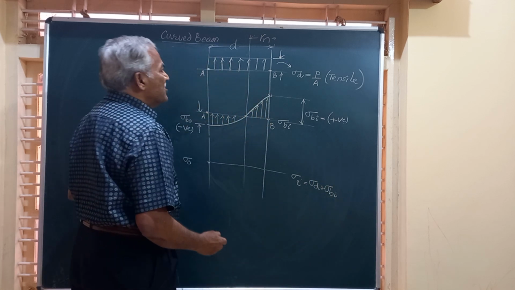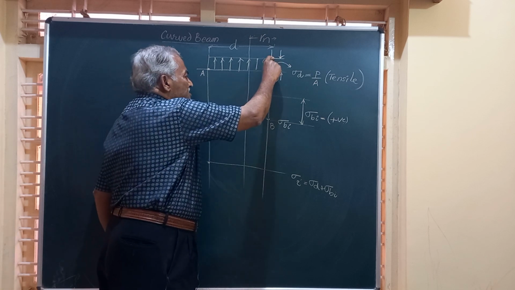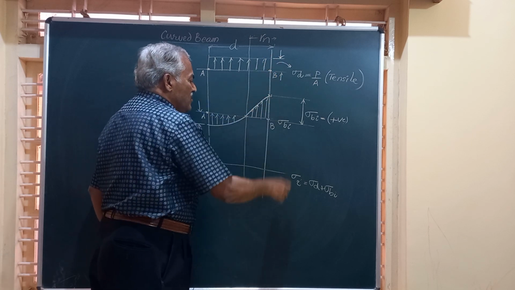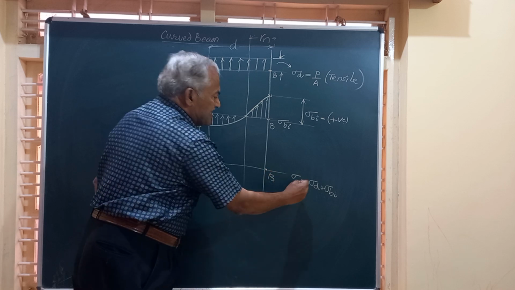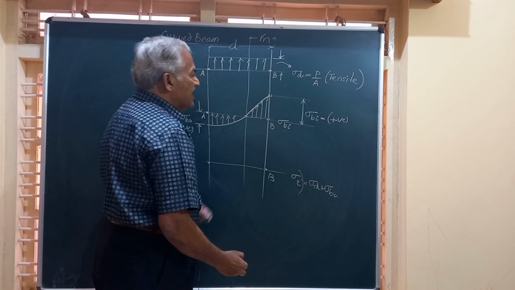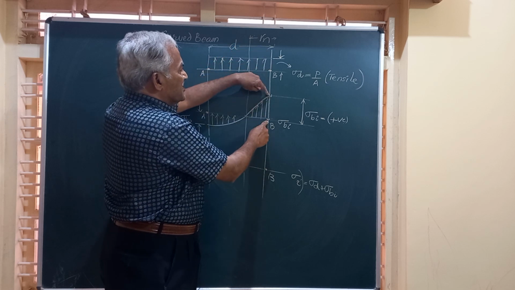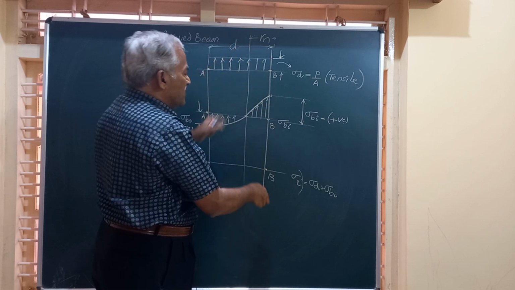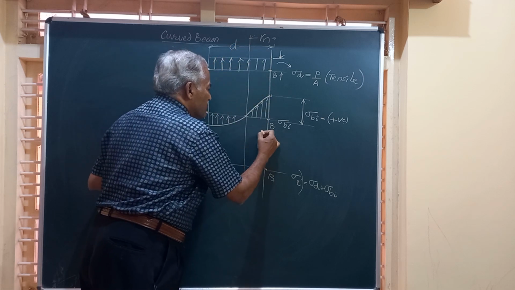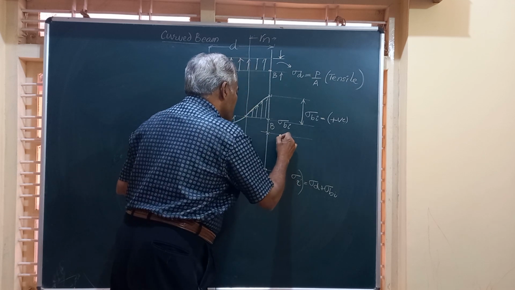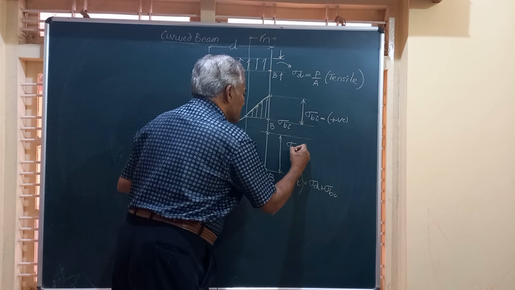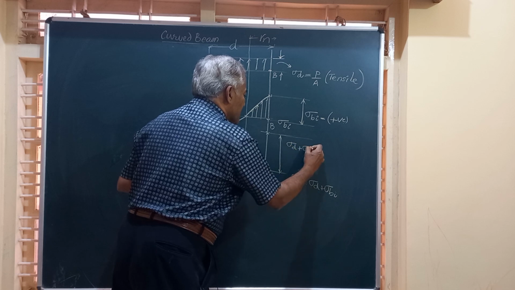Friends, you know here, this is positive and this is positive. So at this point B, the maximum stress, sigma I, positive plus positive. I have to just add these two heights and get a value. So this value is going to be sigma direct plus sigma bi.